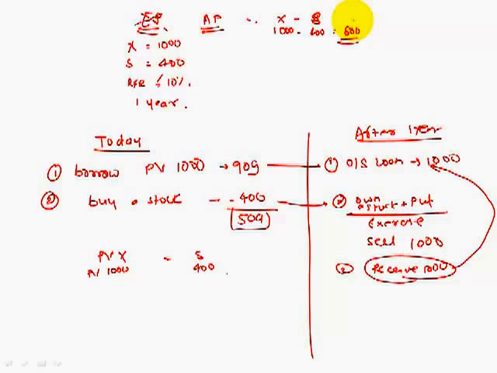Since this is more than the minimum theoretical value of European put option, we can assign X minus S as the minimum theoretical value for American put option.